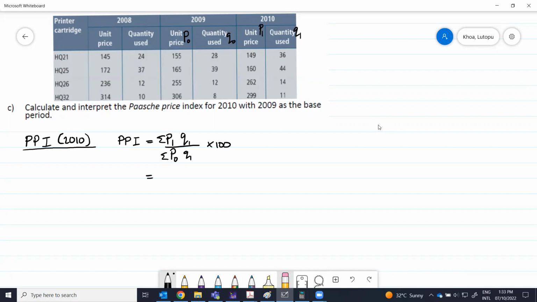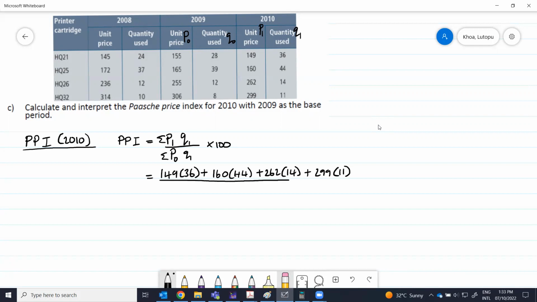Okay, so start multiplying P1 times Q1. And 9 times 36, 160 times 44, 263 times 14, 299 times 11.